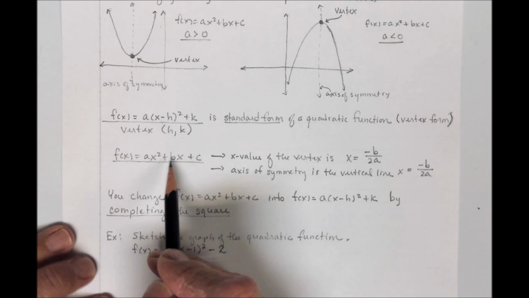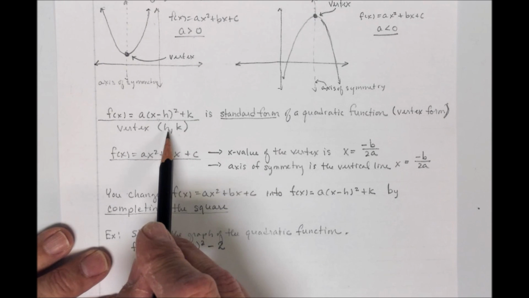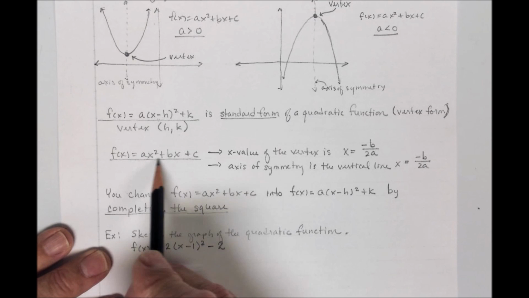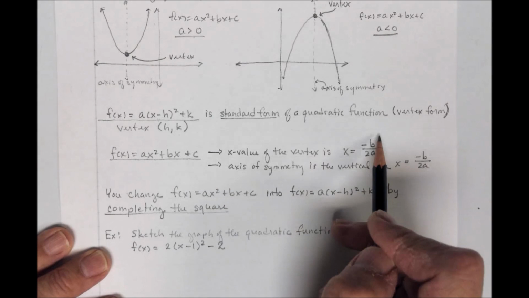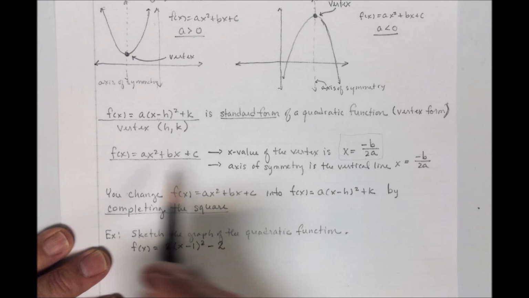Now, if it isn't easy to complete the square, and that's one of the skills you need to be able to do, then to find the vertex, since you don't have the (h, k) laid out for you in this form, you can use this little formula right here, and that will give you the x value of the vertex. Once you have the x value, you plug it in and find the y value that goes with it.